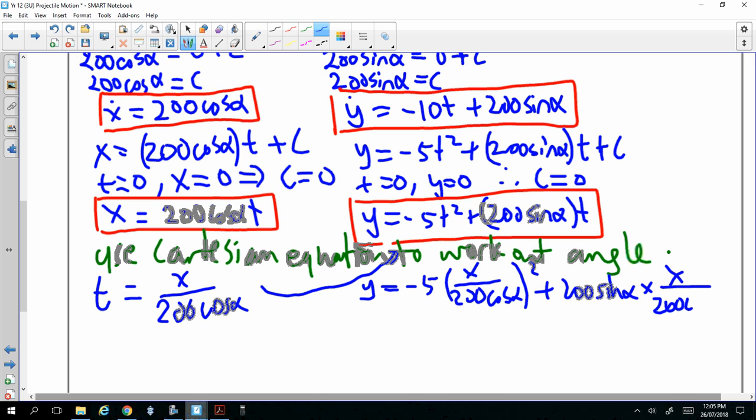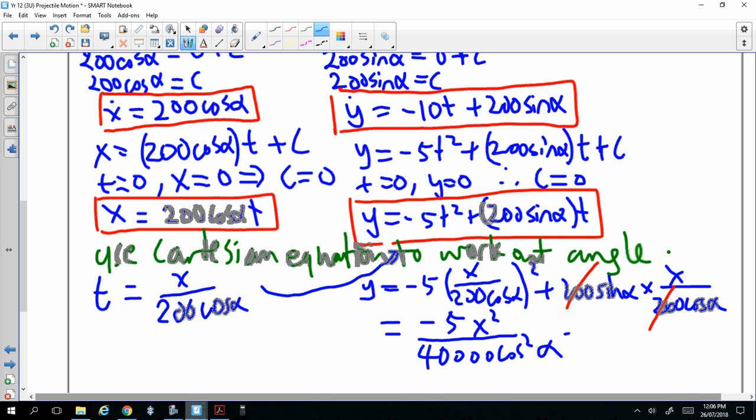Then you cancel things, the 200, and you get negative 5 x squared over 4 and then 4 zeros, cos squared alpha, plus x times sine over cos, which becomes tan alpha, and that equals y.